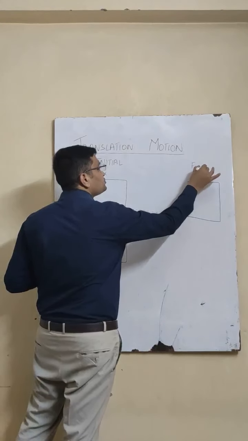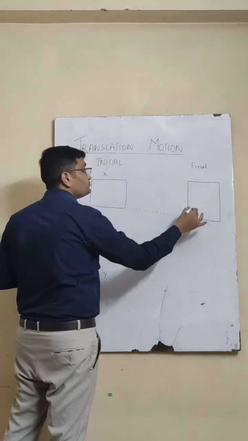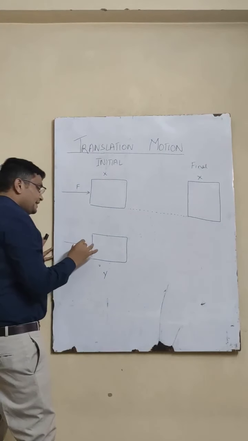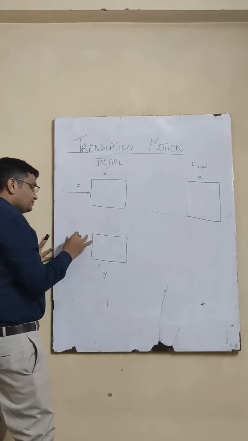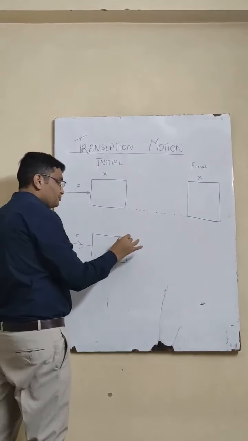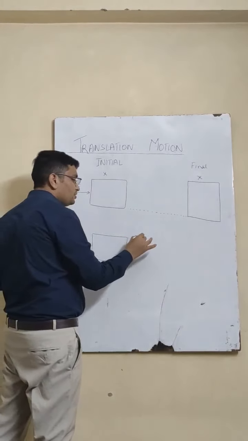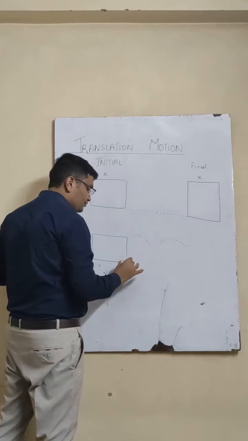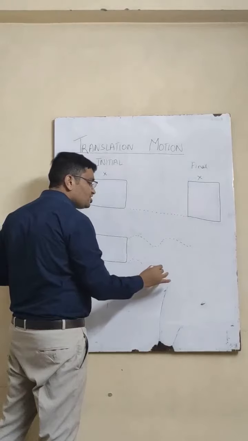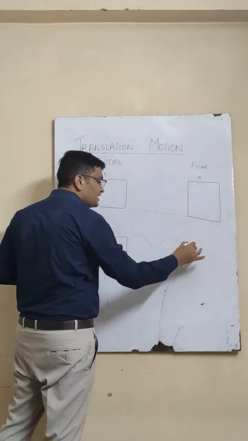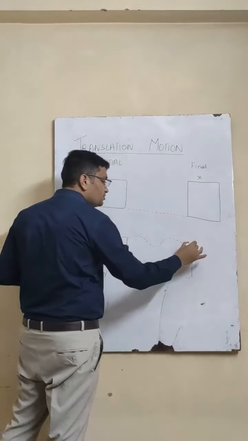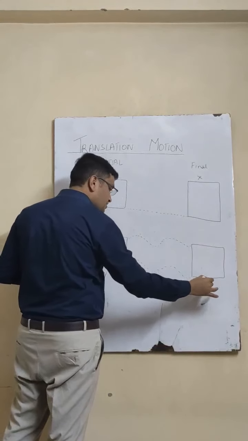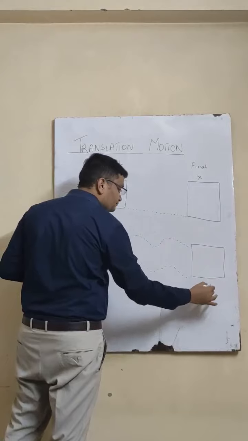This one is the final position of body X. Again, I apply the force on body Y, but this time body Y moves along a zigzag path and after completing its motion comes to its final position. Here is the final position of body Y.